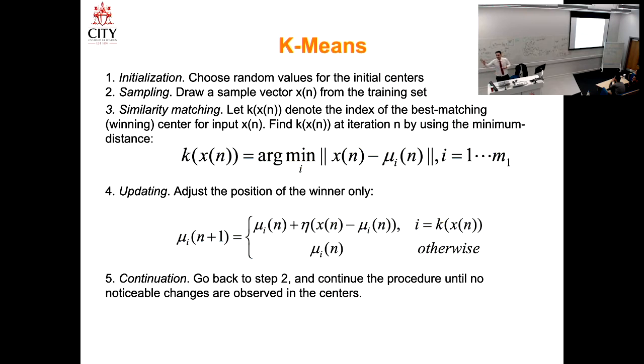So what is the idea here? The idea is take one training sample, find the closest center to it, compare the distance, update it, move the mean closer to the instance that you have. Good. Now take the second training data you have, compare, find the closest mean, update that mean, and keep doing that.